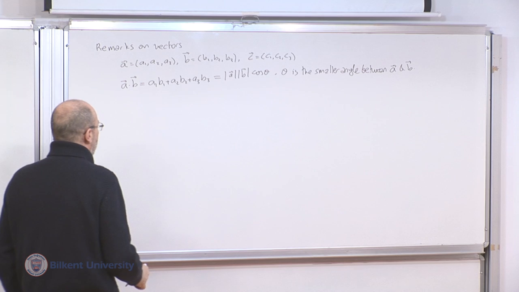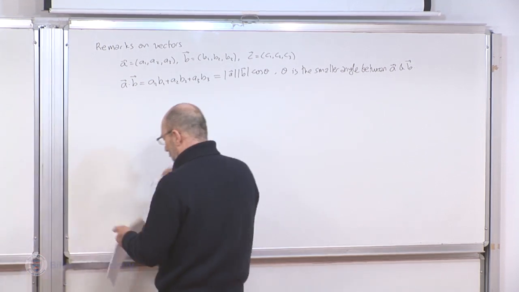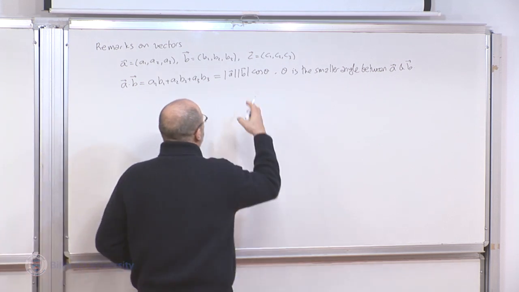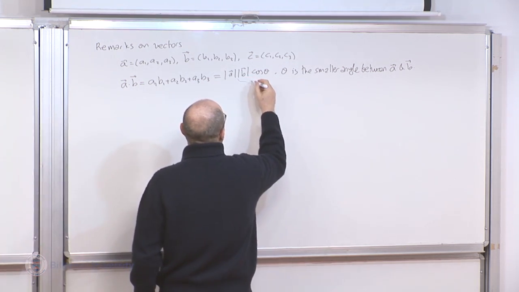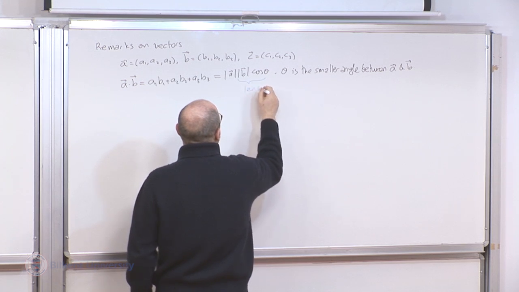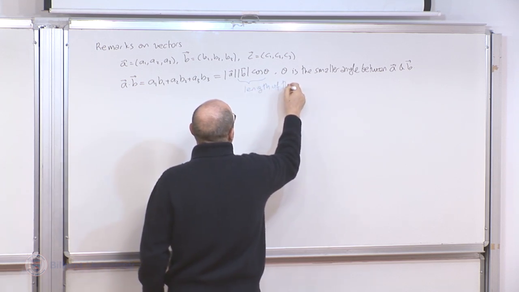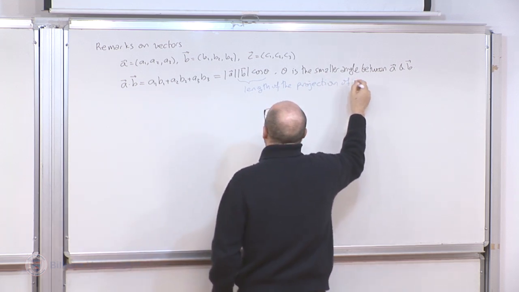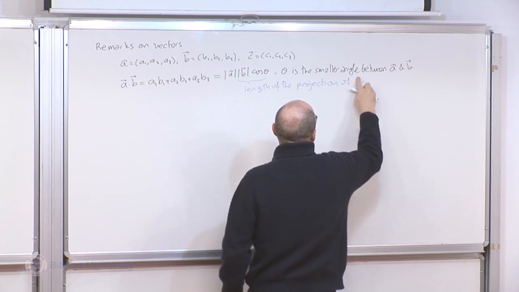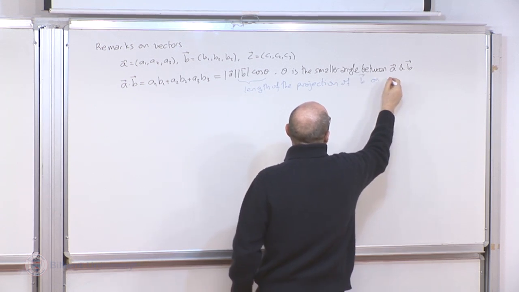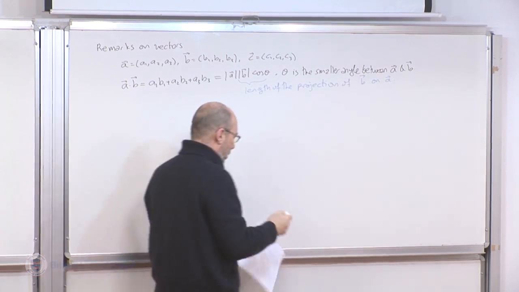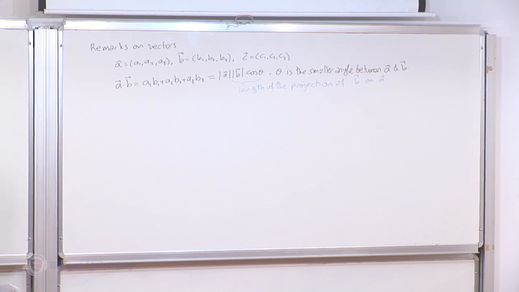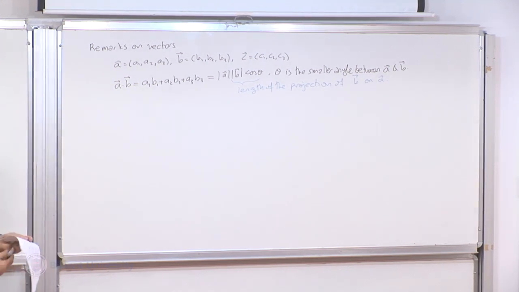Okay. So this part, on the other hand, let me write it with a different color to emphasize what we are doing. So this part, for example, length of B cosine theta, is the length of the projection of the vector B on A. Okay, so we also use this to check if these vectors are orthogonal or not.